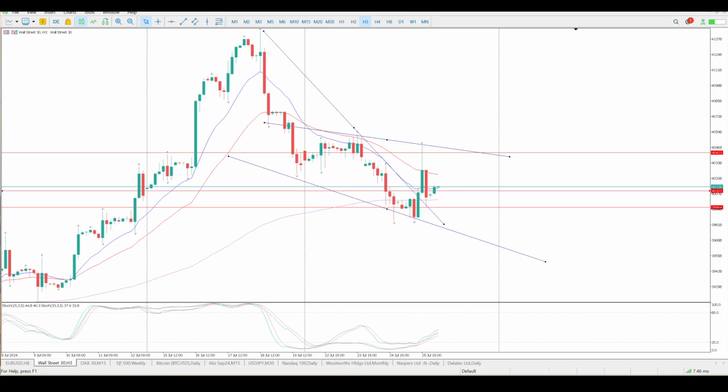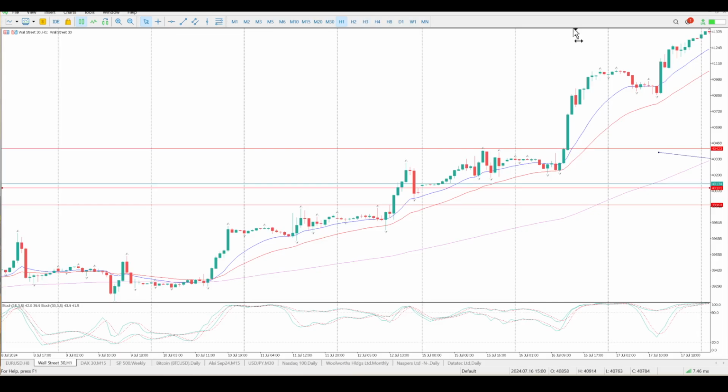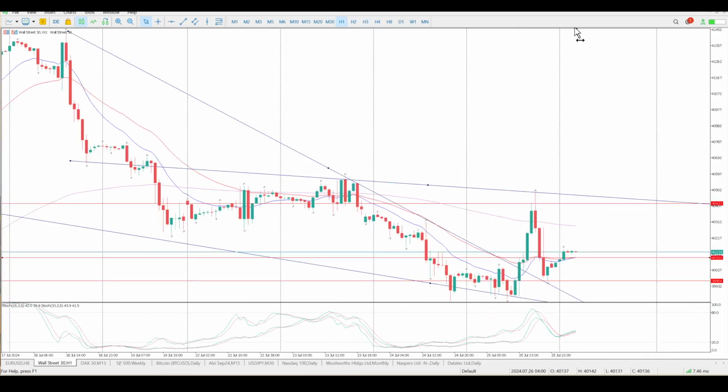So don't read too much into it just yet. You need to get going. We need to get the moving averages crossing over on the hour at least before we get a decent trend. And at the moment you can see the faster moving averages are about to cross over, but then we need to break above the 150 EMA. So my logic is fairly sound as far as I'm concerned.